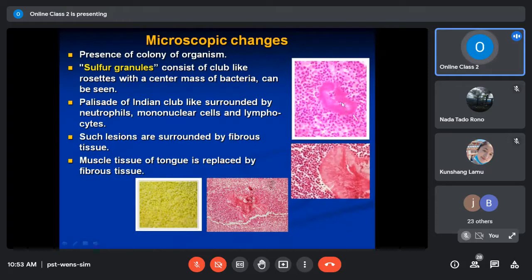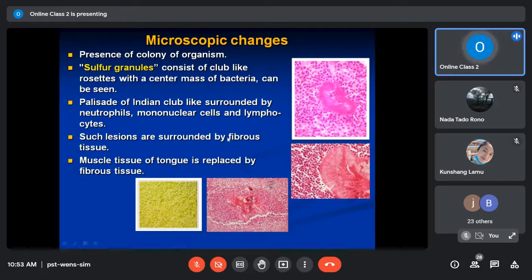This central part used to be surrounded by many inflammatory cells like neutrophils, mononuclear cells, and lymphocytes. Mostly neutrophils, because here it is liquefactive necrosis, meaning abscess formation. So in any abscess lesion, where the inflammatory reaction is of suppurative type and pus is formed, the predominant inflammatory cells used to be neutrophils.